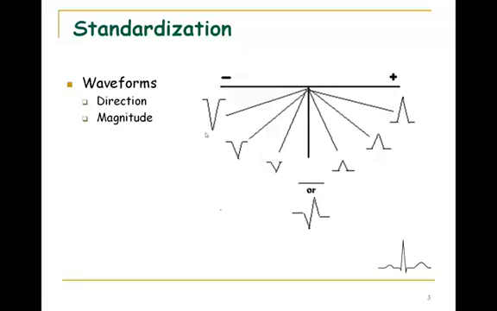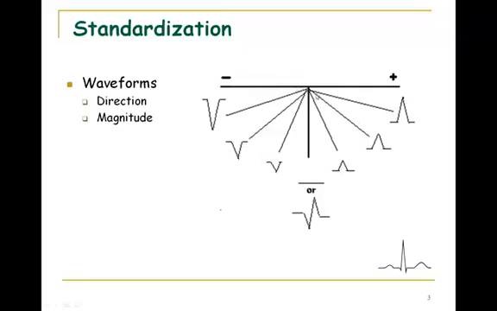Another thing that you will notice is the magnitude of the waveform. There are a few things that determine magnitude. One of them is how the average current is running relative to the lead axis. If this is your standard limb lead and the average current flow is going parallel to that lead, you'll get your maximum deflection.